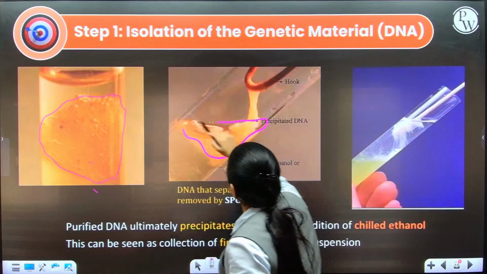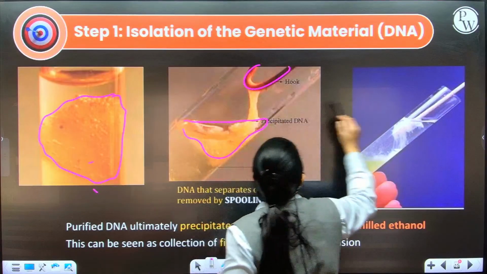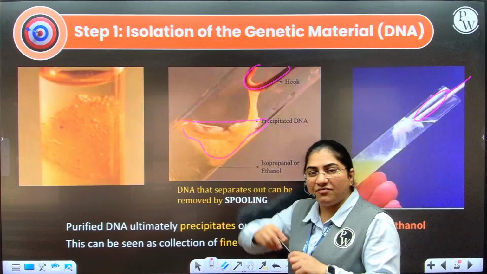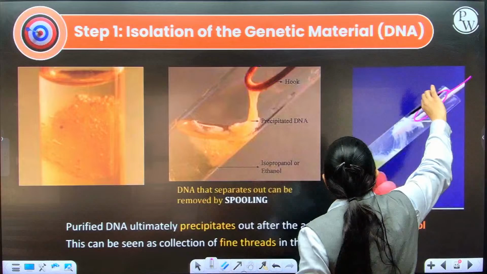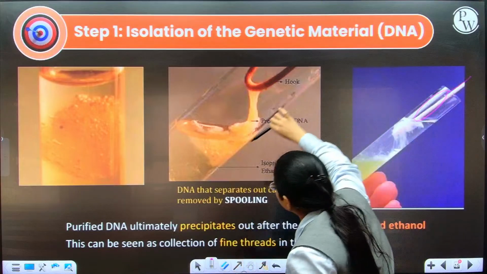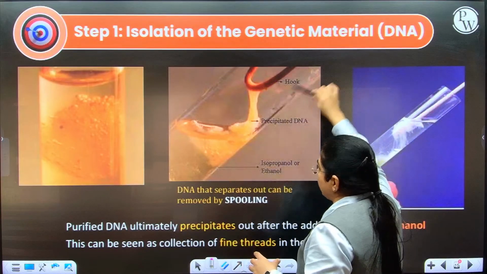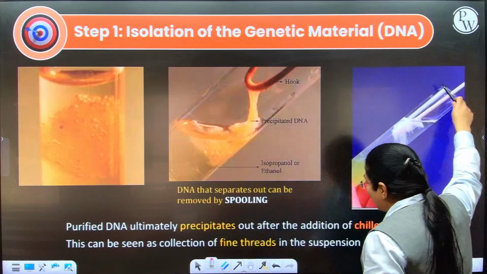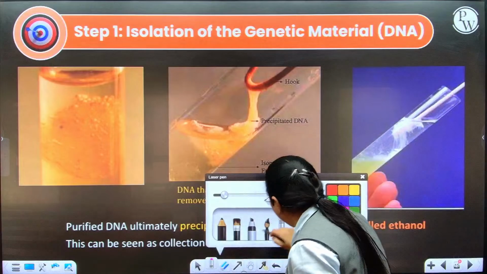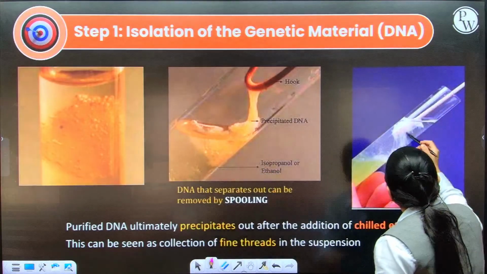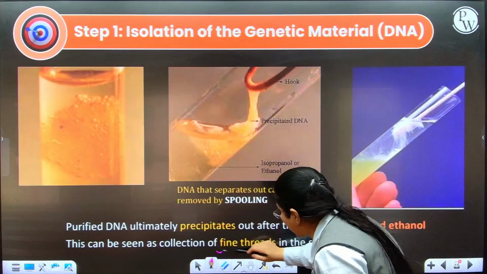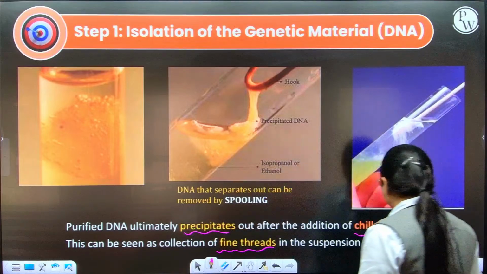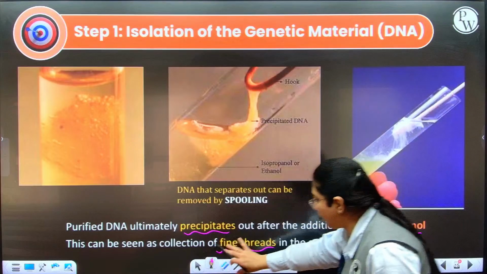With this precipitate, we use an instrument called a spool, and with the help of the spool, we will be removing the precipitated DNA from this suspension by the process called spooling, where we obtain the DNA, as you can see, in the form of fine thread-like structures. So we use chilled ethanol, which will precipitate our DNA in the form of fine threads.